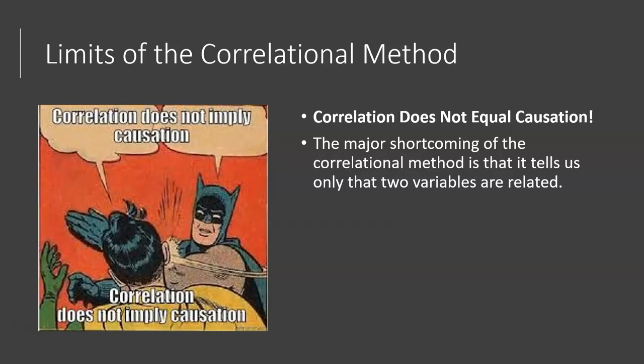The major shortcoming of the associative method is it really can only tell you, can I predict this variable using that variable? Other than that, it can't do a whole lot. So rich descriptions of how you have interrelationships among variables, very important.